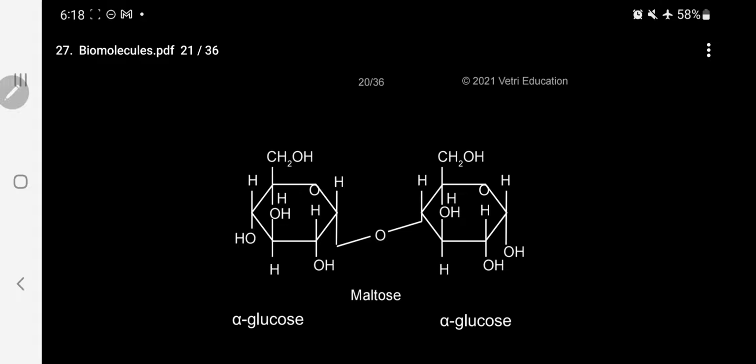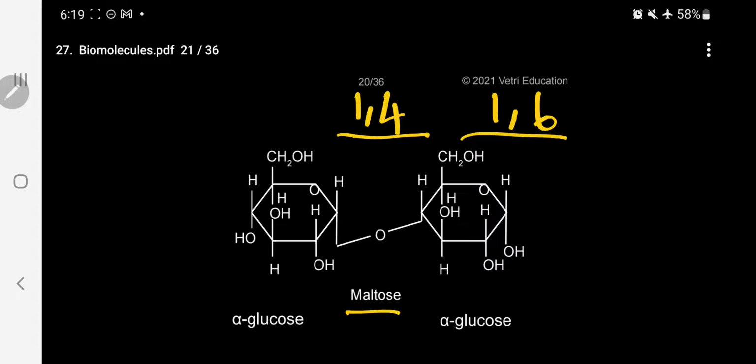Kindly follow. This is the structure of alpha D glucose. A disaccharide maltose I am taking to explain what is 1,4 linkage and what is 1,6 linkage. To give a clear idea, I am taking this example. Take this one, OH is below, so it is alpha D glucose.